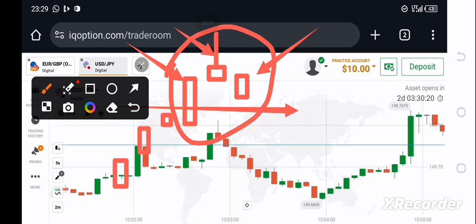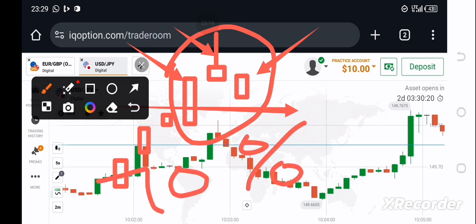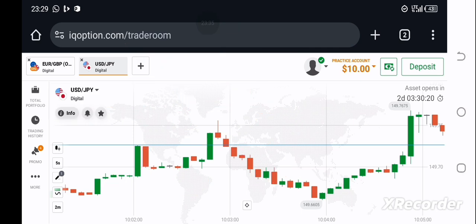And I tell you that over 70% of the time, in situations like this, the market used to make fake breakouts for one candlestick. For one candlestick, the market may try to respect the level or reverse before it continues to move in its uptrend, or it may make a complete reversal. So if you are seeing this confirmation, I opened a position there and it was a winning trade.